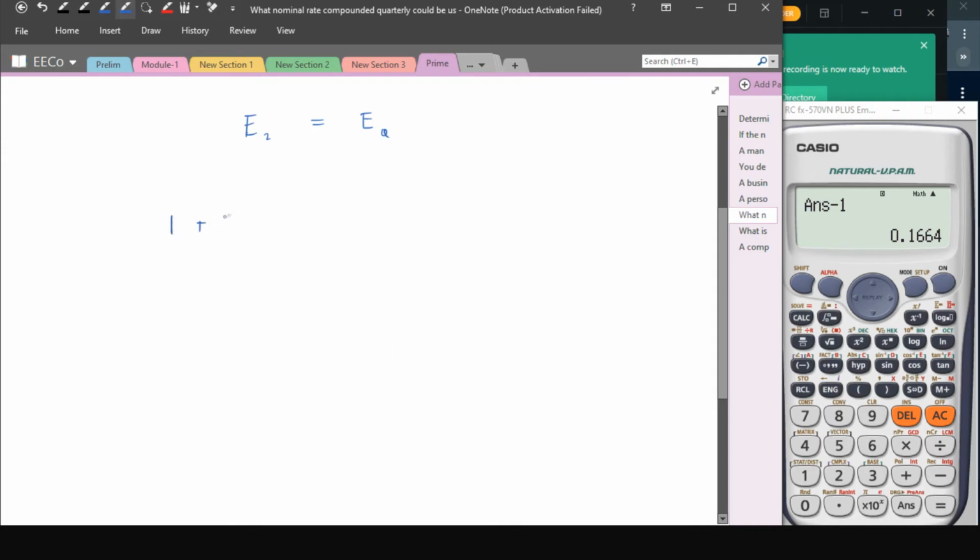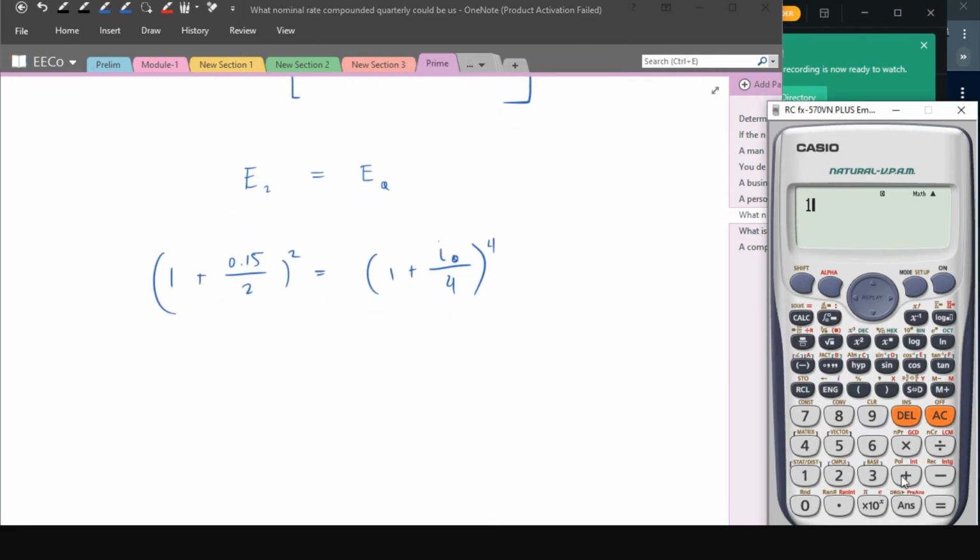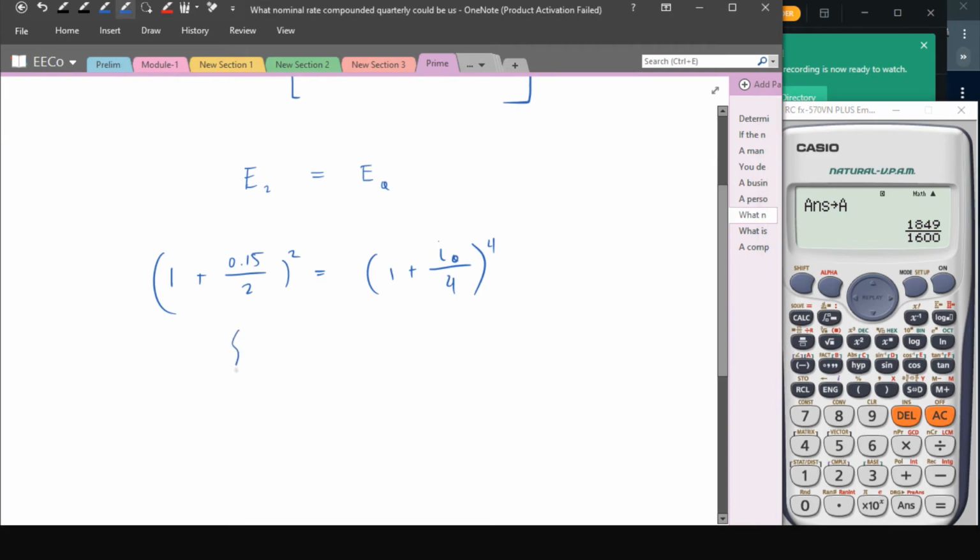So, 1 plus 0.15, that is semi-annual 2 raised to 2 equal to 1 plus i quarter divide by 4 tapos 4 tapos yung kanyang A. Store mo tong value nito sa A. So that is 1 plus 0.15 over 2, okay, raised to 2. Ayan na. Store natin yung value nito kay A para hindi ka na malito. So this will become A.